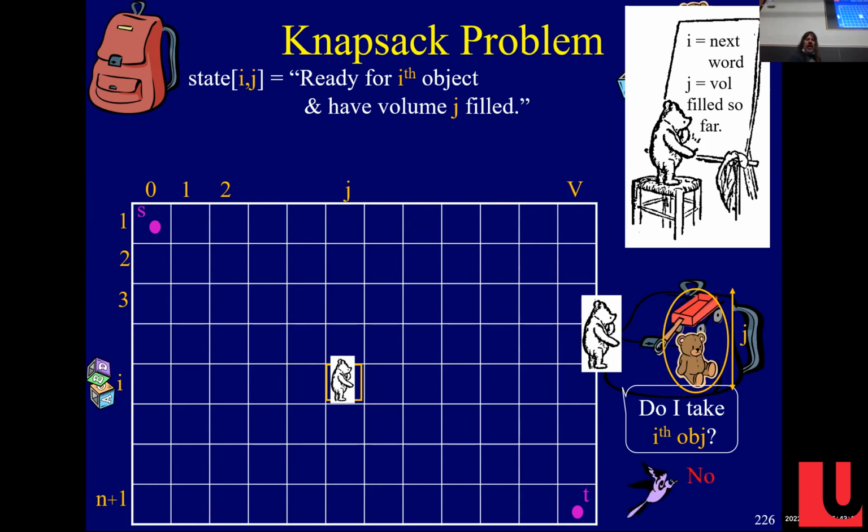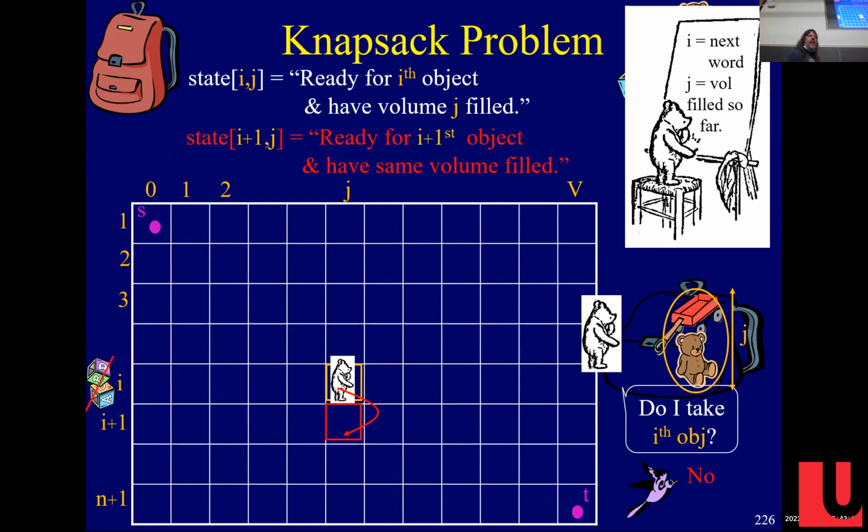All right, so we asked the bird. What do we ask the bird? Do we take the object? The bird says no. Where do we move? Down. We don't take the object. That moves us down. Our volume didn't change, right? But we've killed the ith object.